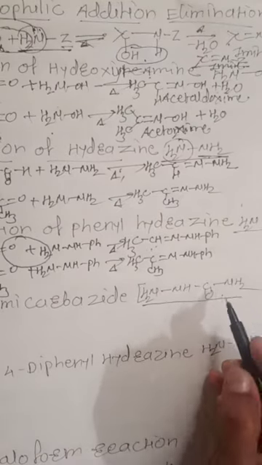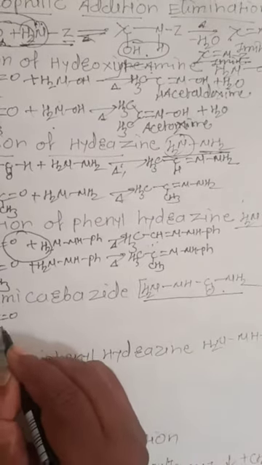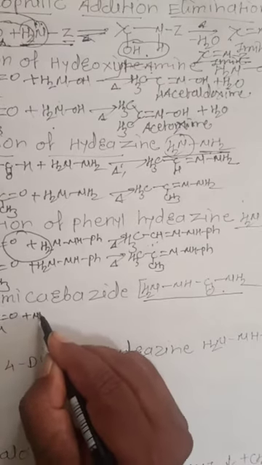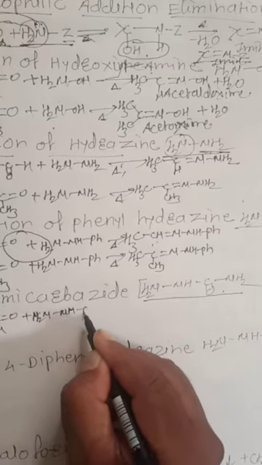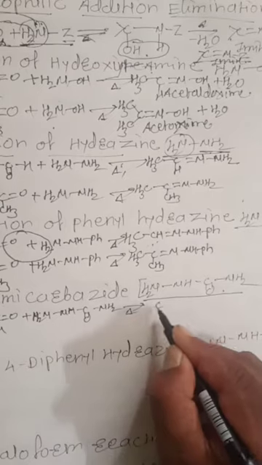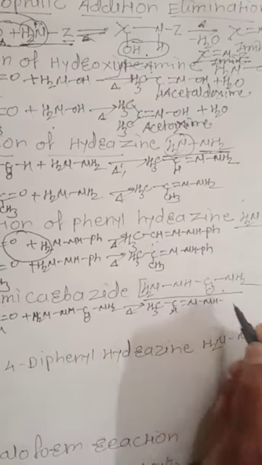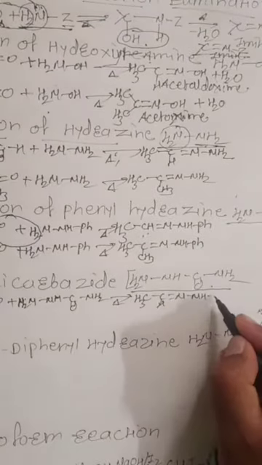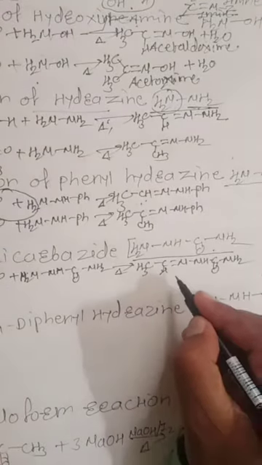So this is semicarbazide. When semicarbazide is treated with aldehyde, then we get CH3CH double bond NNHCONH2, means formation of acetaldehyde semicarbazone takes place. So this is semicarbazone.